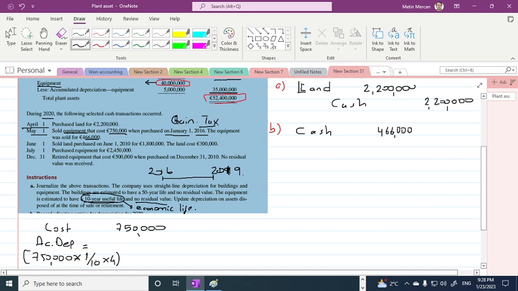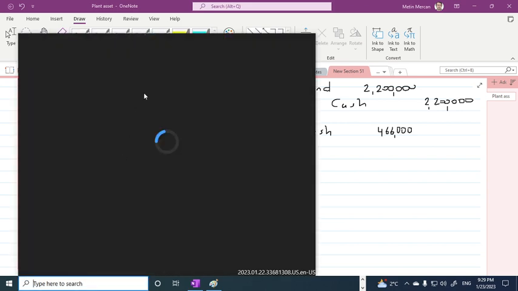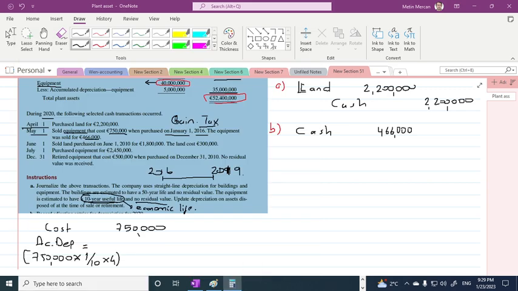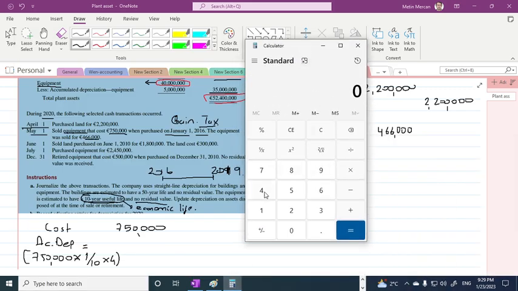Each year this is depreciated. So if you find that, how much will it be? Let's do this calculation. Calculator. $750,000 euros, and so we find, let's do it like that, 4 over 10.